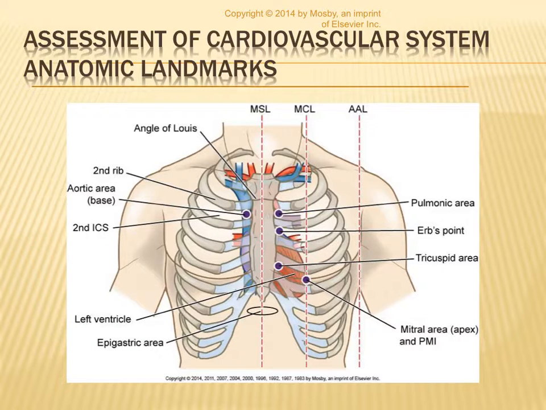So now we're looking at a diagram of the chest and locations with landmarks. It is your responsibility to be very familiar with not only what we're listening to and the area where we're listening to it, but the landmarks. So for example, if I said we are going to listen to Erb's Point, it is located at the third left intercostal.